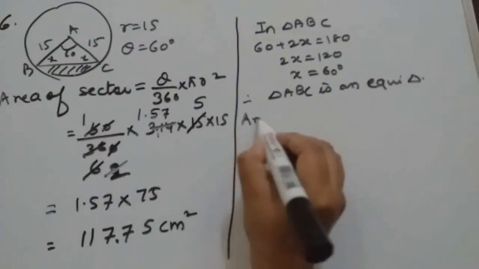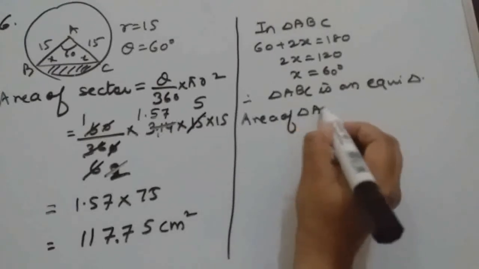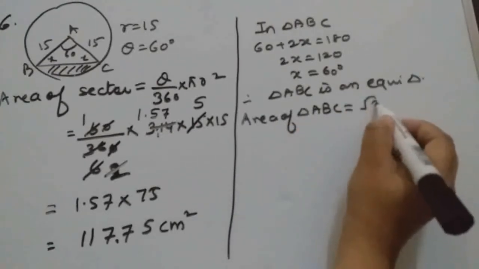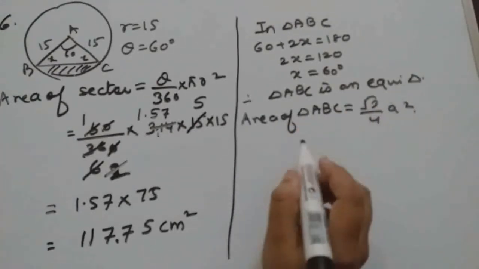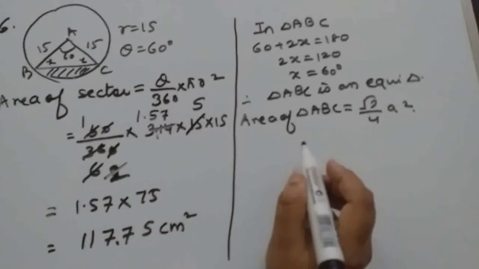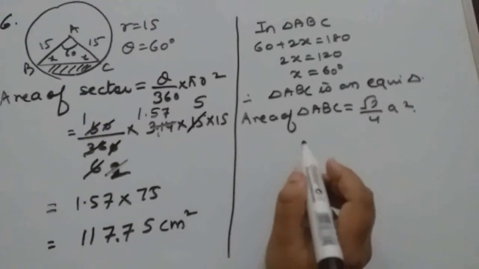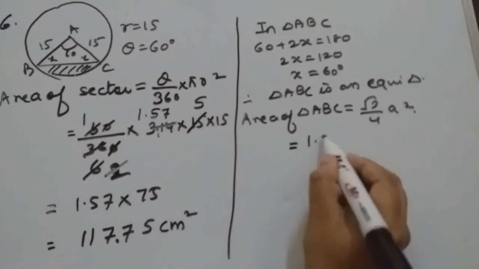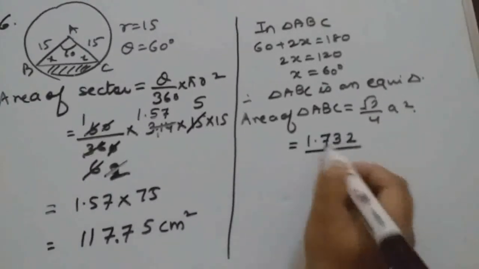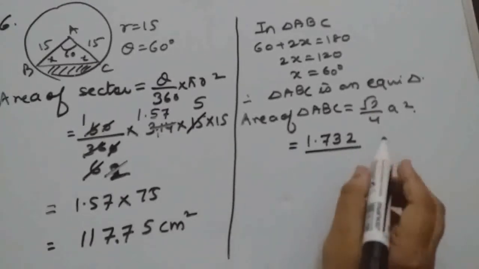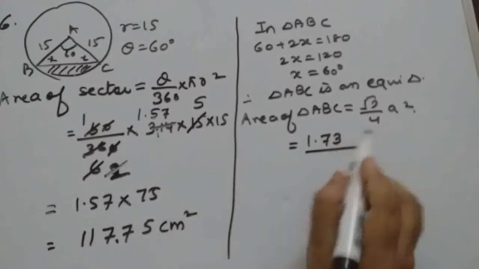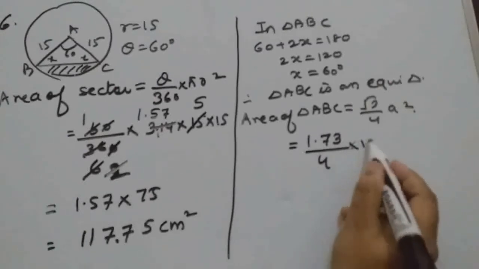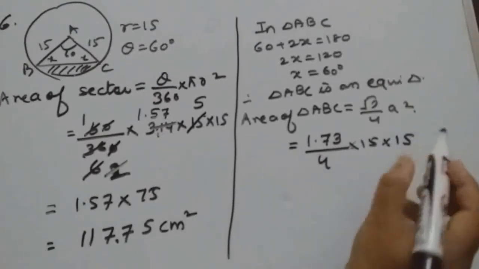So area of ABC will be what? Root 3 by 4 a square. So root 3 by 4, root 3 value is also given, 1.732, a square means 15 into 15, okay.